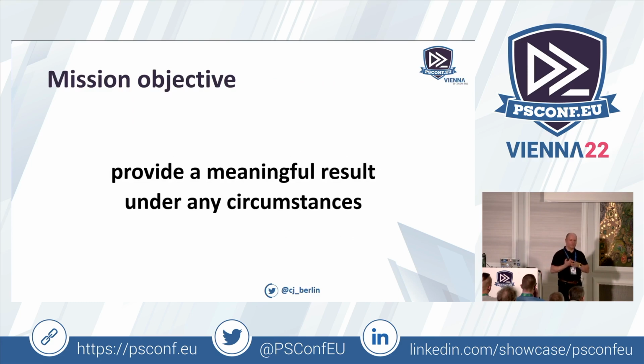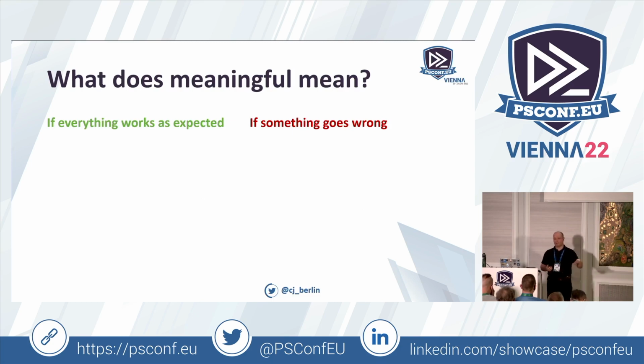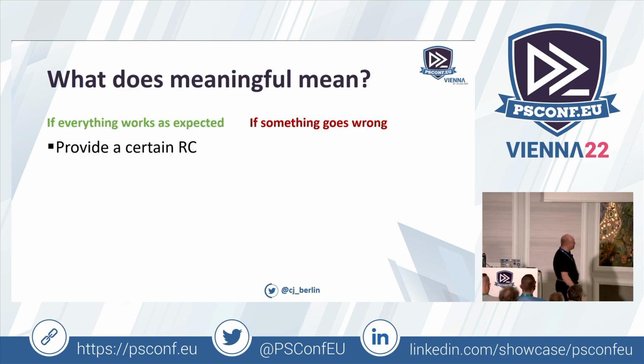And that means we need to provide a meaningful output, a meaningful result in any of those circumstances I talked about earlier. What does it mean? If everything works as expected, the invoking system expects our script to provide a certain return code. Many systems will not process the output of the script if the return code is 0. They just assume that everything is okay.